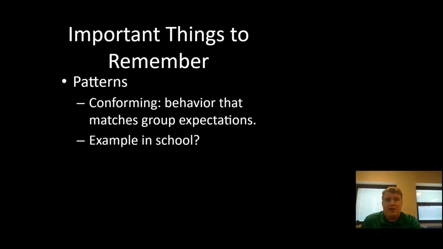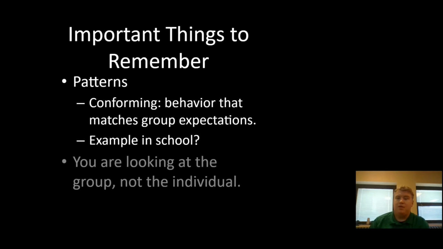All right, so there are some examples that we can use in school. How many of you guys have ever sat there and gotten mad at some students that walk on the right side of the hallway when they're going the opposite direction of you? It's very frustrating, right? So that is an idea of the pattern, or the conforming, is they walk on the right side of the hallway. And if someone doesn't do that, they are breaking that social norm.